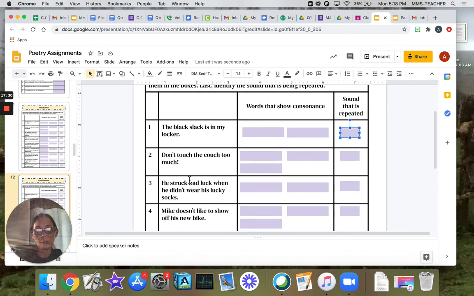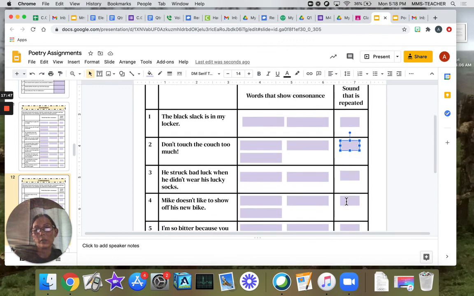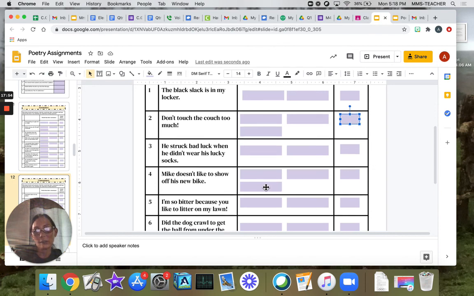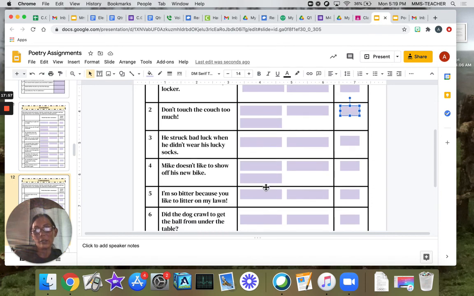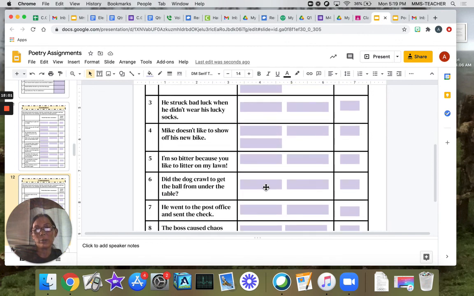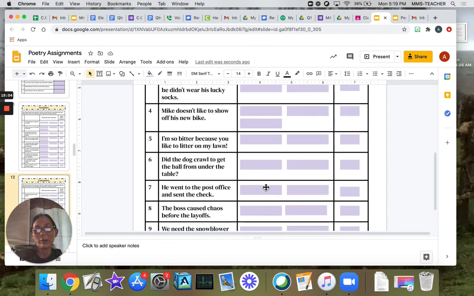Number 2, don't touch the couch too much. You'd write 3 words here that show consonance, and then write the sound that is repeated in the last column. Number 3, he struck bad luck when he didn't wear his lucky socks. Number 4, Mike doesn't like to show off his new bike. Number 5, I'm so bitter because you like to litter on my lawn.